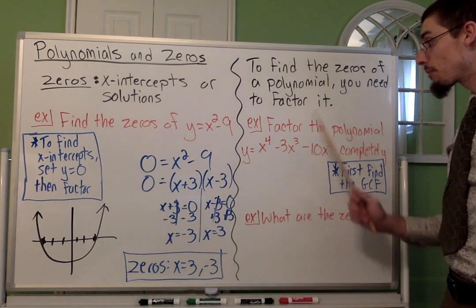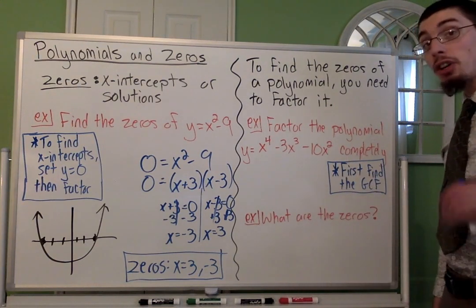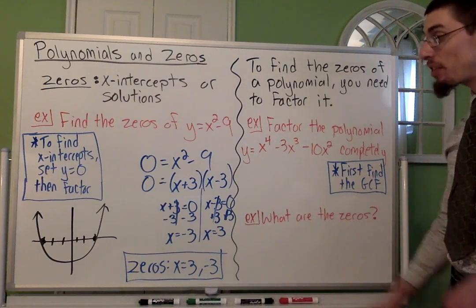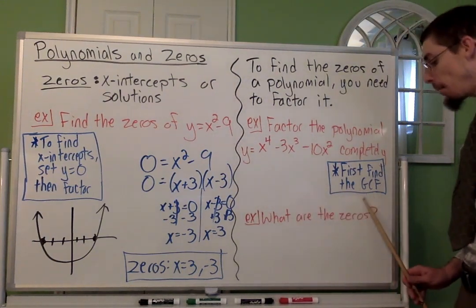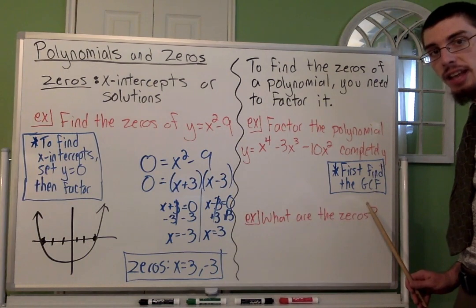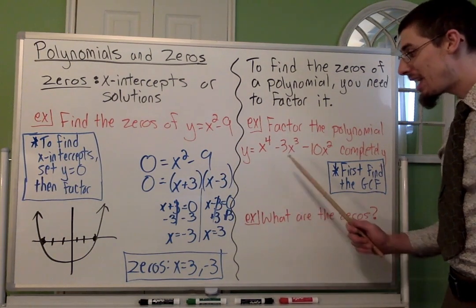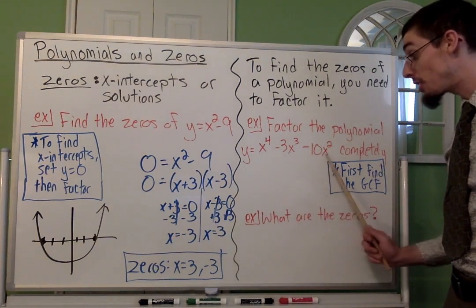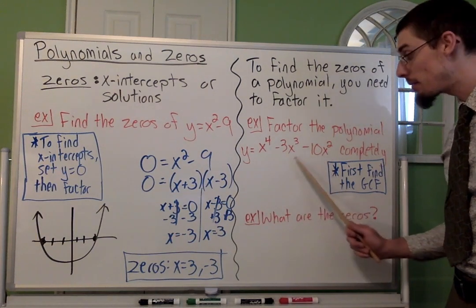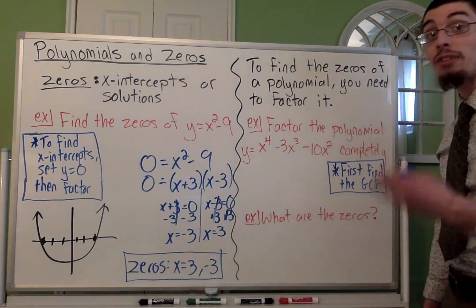Well, the first thing I need to do here is factor it. And whenever you're trying to factor something with a higher degree than 2, you probably want to see if there's a GCF, a greatest common factor. In this case, there is, because all 3 terms share something in common, and that's x, right? They all have an x.